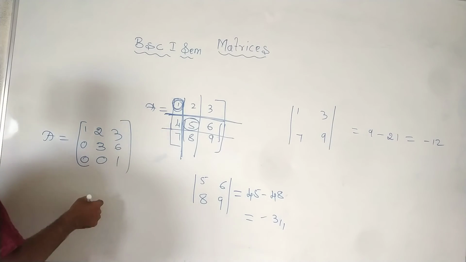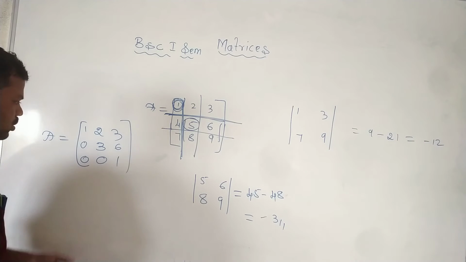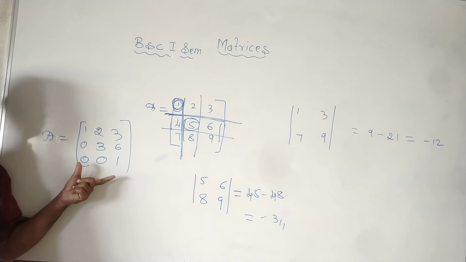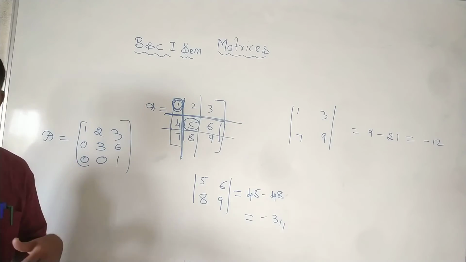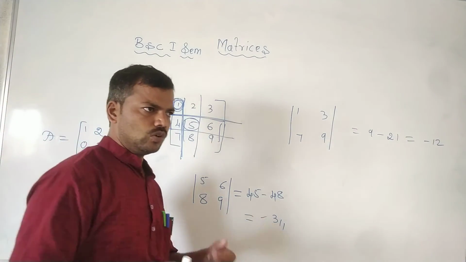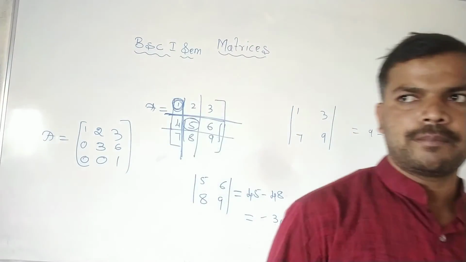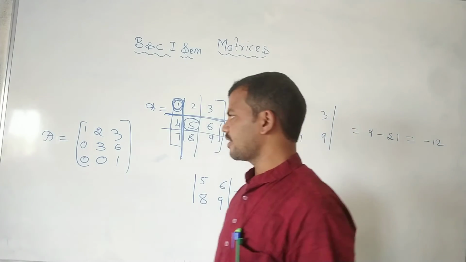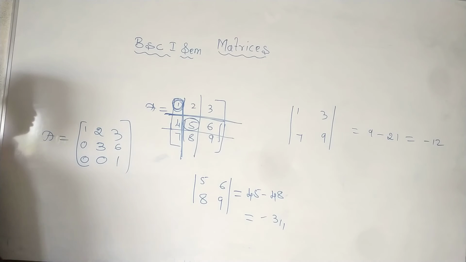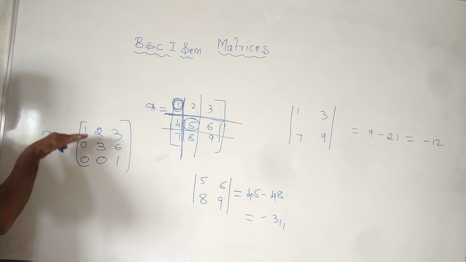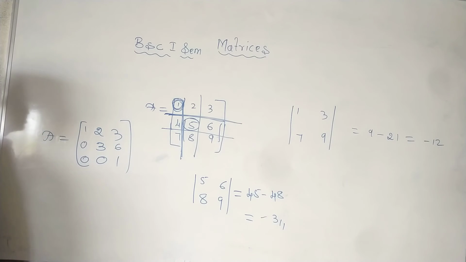This is called echelon form. After expressing it as an upper or lower triangular matrix, how many non-zero rows are there? That is called the rank of the matrix.